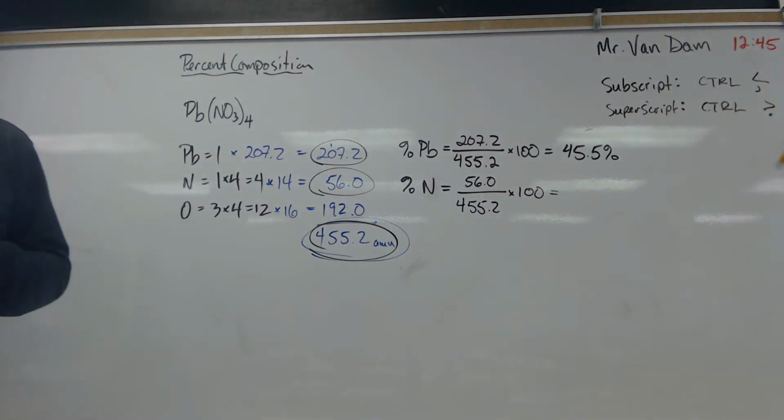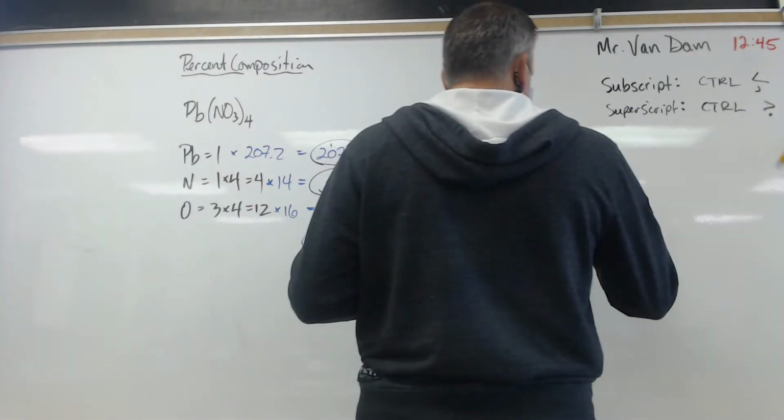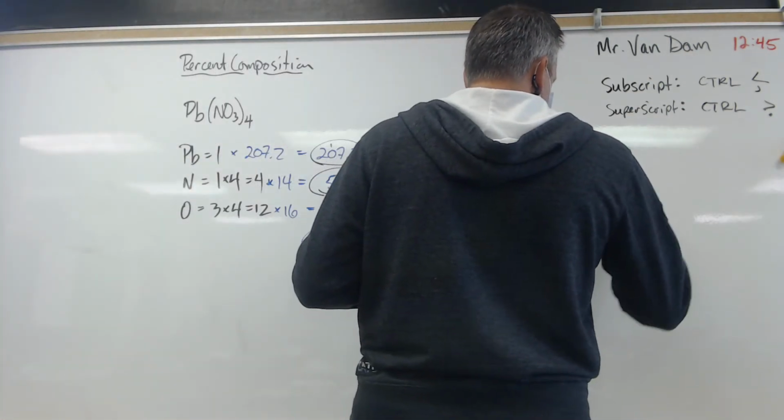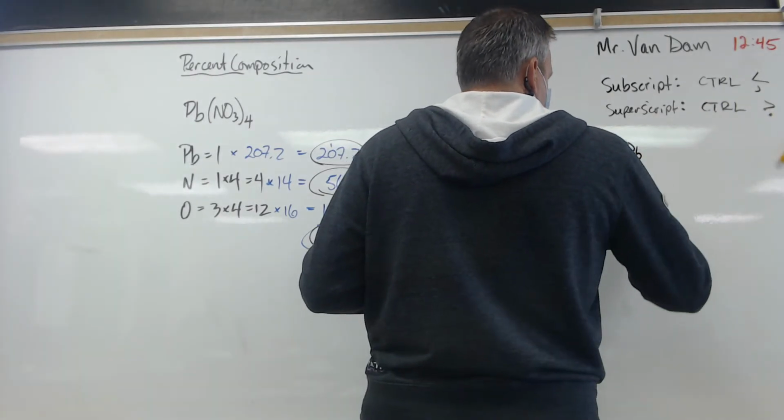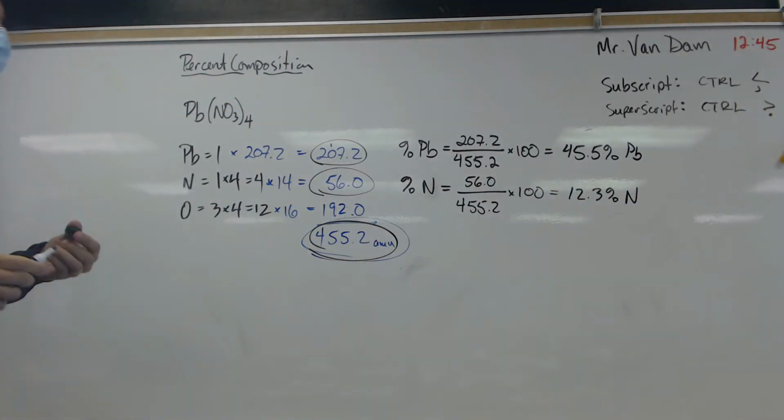So 56 divided by 455.2, and I get 12.3%. So 45.5% lead, 12.3% nitrogen.